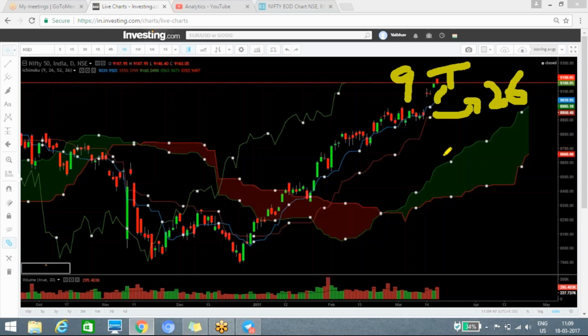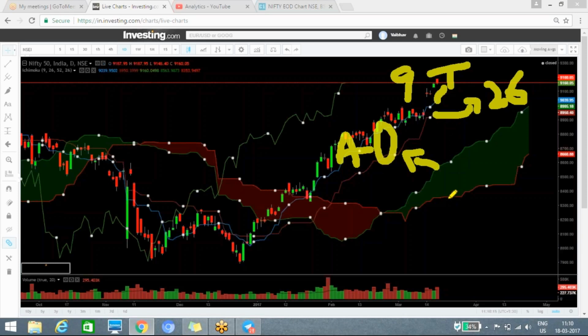Then we come to these spans. This is span A. What is span A doing? Span A is just taking the average of these two lines. So conversion line plus baseline divided by 2. Nothing else, this is just the midpoint.